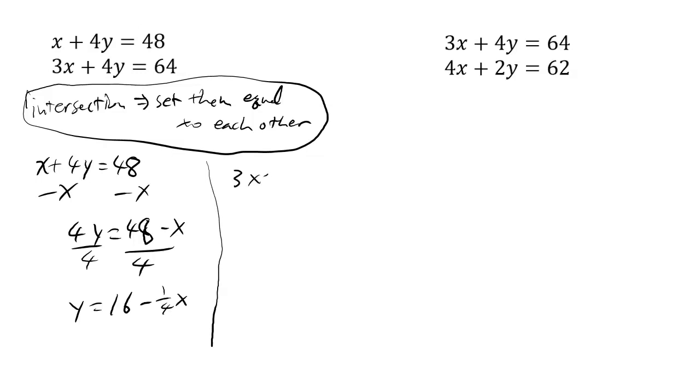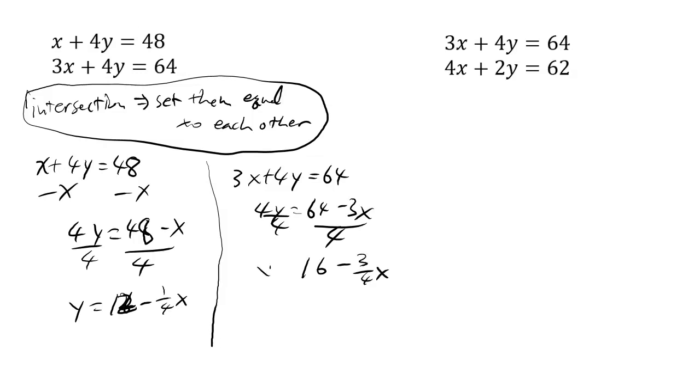If you have 3x plus 4y equals 64, you subtract 3x to the other side and then divide by 4. 64 divided by 4 is 16. Oh, sorry, this would be 12 here. And this would be 16 minus 3 over 4x.